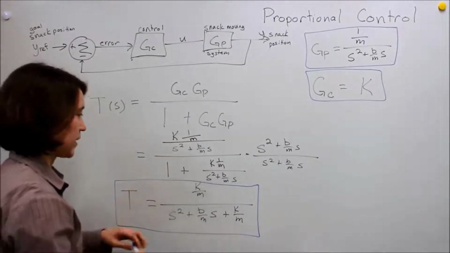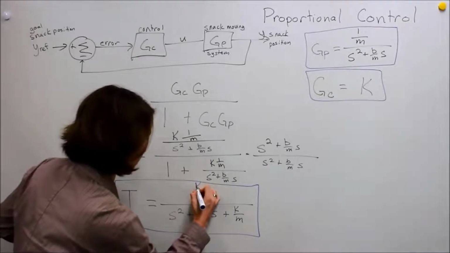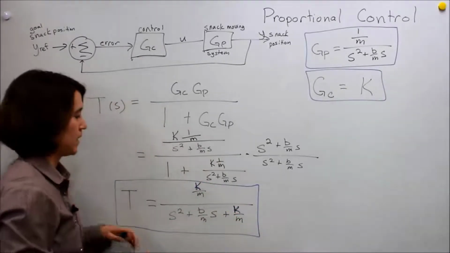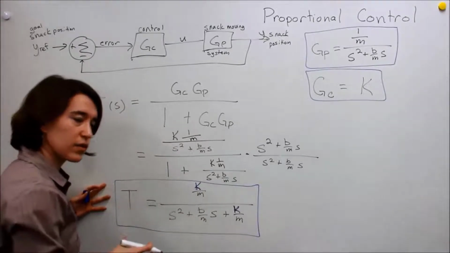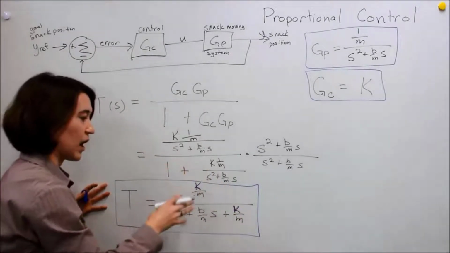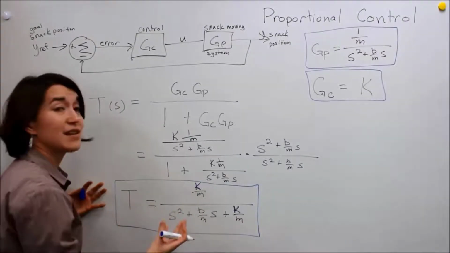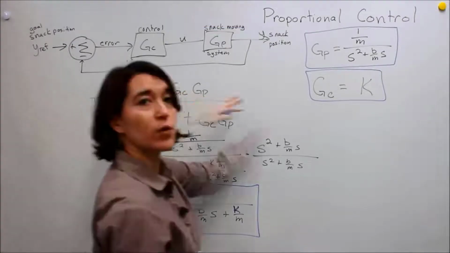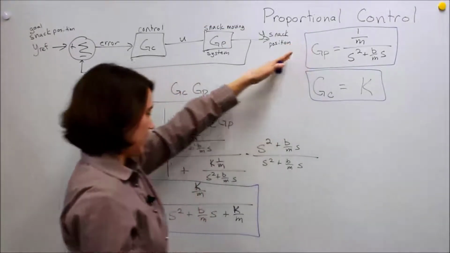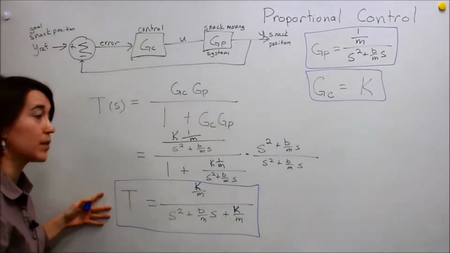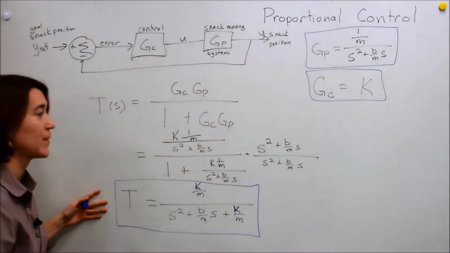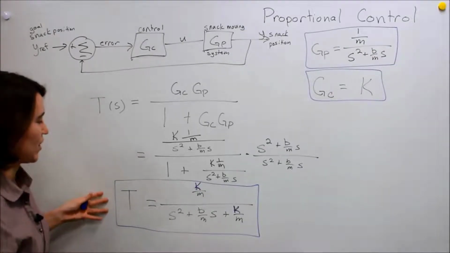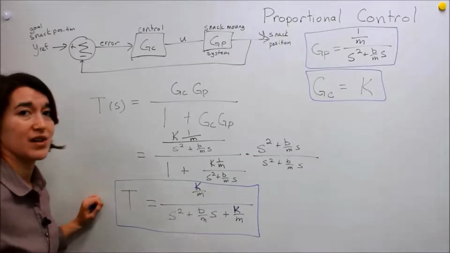Because we know that we can change our K values, we now have control over the system. I'll stop here with just the transfer function, but from here we can do a lot with the system and try to change different aspects of it. So this is how we implement proportional control to a system, and how we can model the stability of the entire system, the transfer function, and then from there do further analysis and try to control the system to act the way that we want it to.